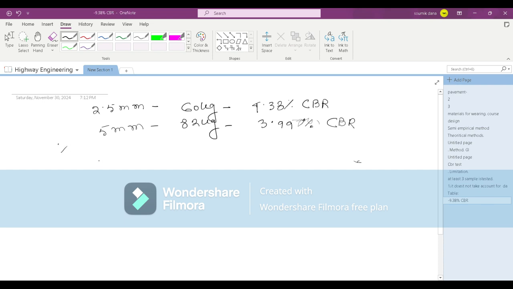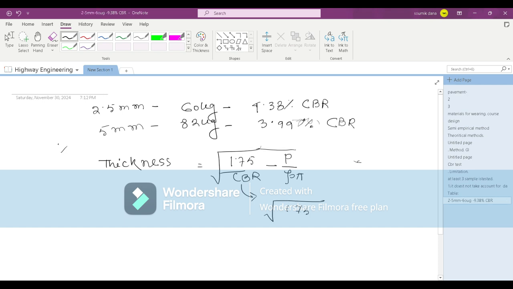So now the thickness is T equal to 1.75 divided by 4.38 minus... a little mistake I have.